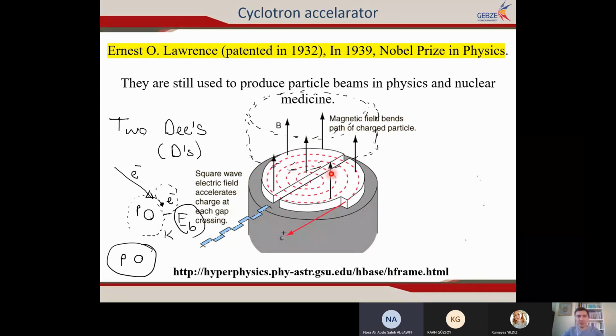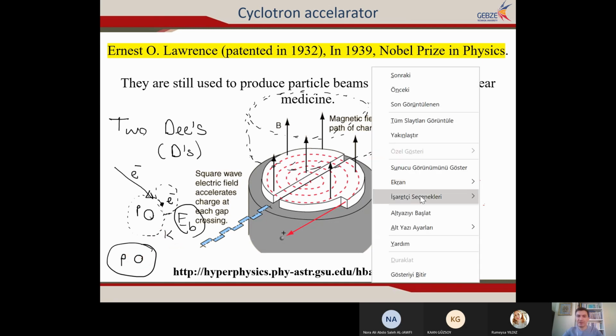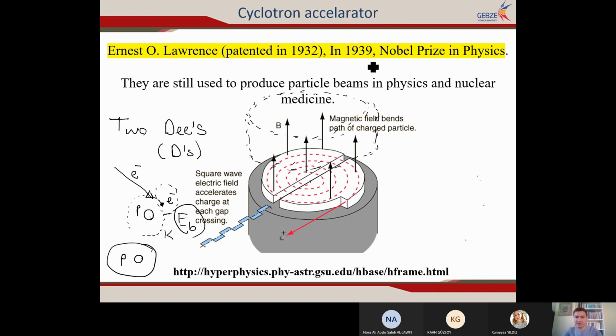Okay. So now let me continue. Here we have a proton source at the center of this cyclotron accelerator, and I would like to accelerate these protons. So how to accelerate protons? A proton is a positively charged particle, right? If I apply an electrical field, so let's consider that here we have a positively charged plate, here we have a negatively charged plate, and here we have a positively charged proton.